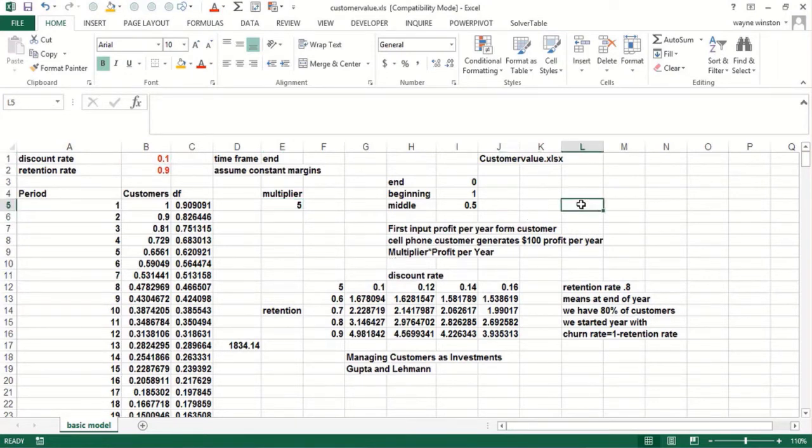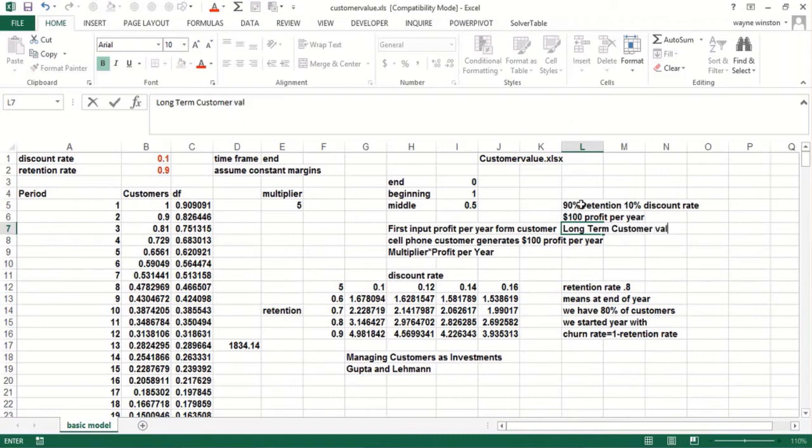So 90% retention, 10% discount rate, $100 profit per year. So the long-term customer value, as they call it, would be that multiplier times 100. And that would be $500.